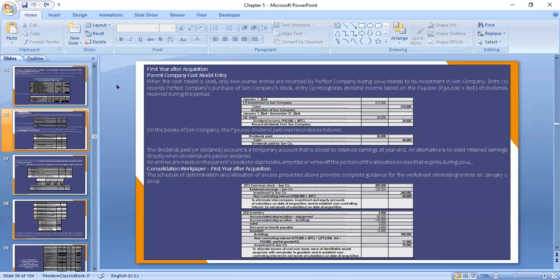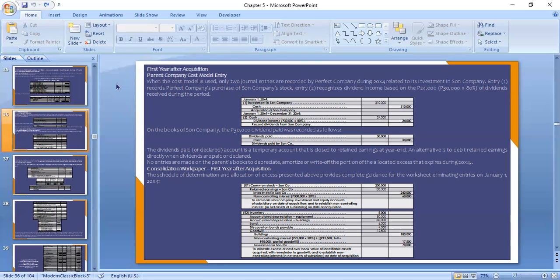So we have now the elimination entries: debit to common stock of Sun, debit to retained earnings, and we credit the investment in Sun, and we have another credit which is now dividends. So the entry for common stock is to eliminate the account of the subsidiary common stock and retained earnings.